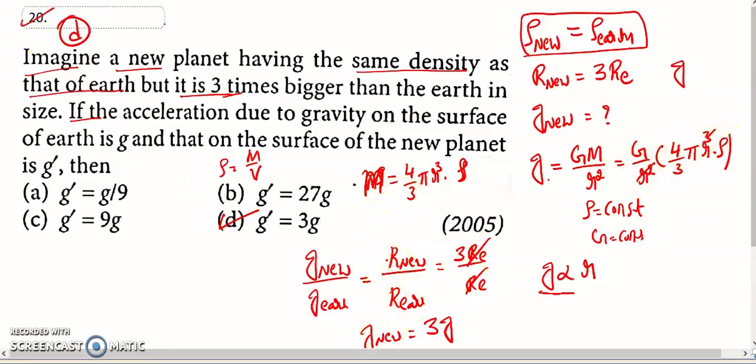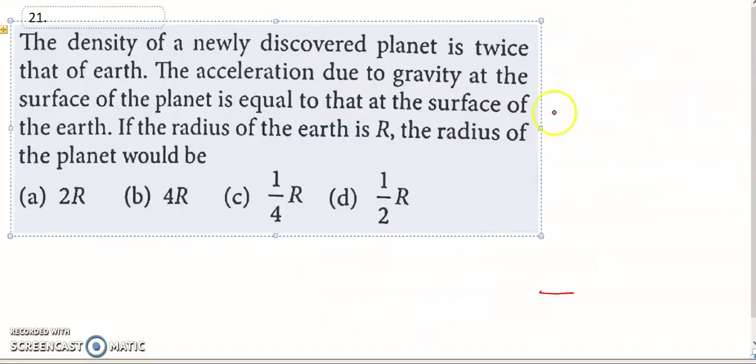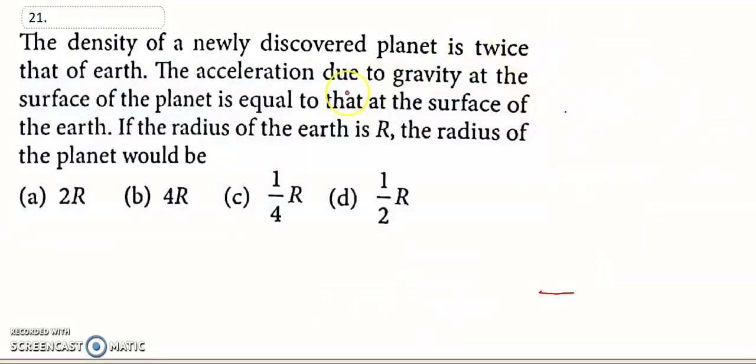So let's move to question number 21. The density of the newly discovered planet is equal to twice the density of Earth. In the last problem the density of both was the same, but here he has given 2 times.